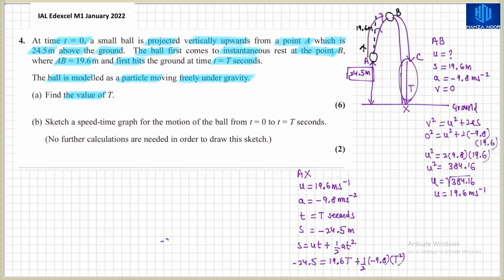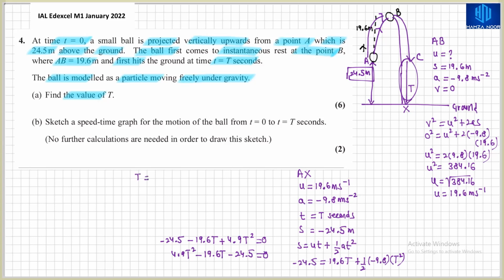So this would be minus 24.5 minus 19.6 times capital T plus 4.9 capital T square, and this whole thing is equal to 0. So the equation is 4.9 times capital T square minus 19.6 T minus 24.5 is equal to 0. So we are going to solve this quadratic equation.